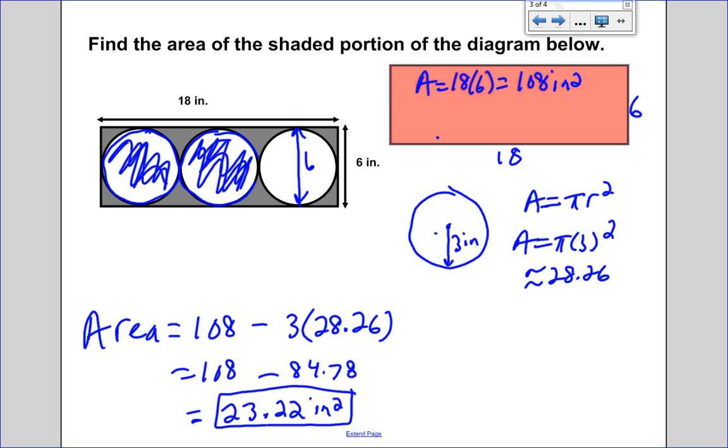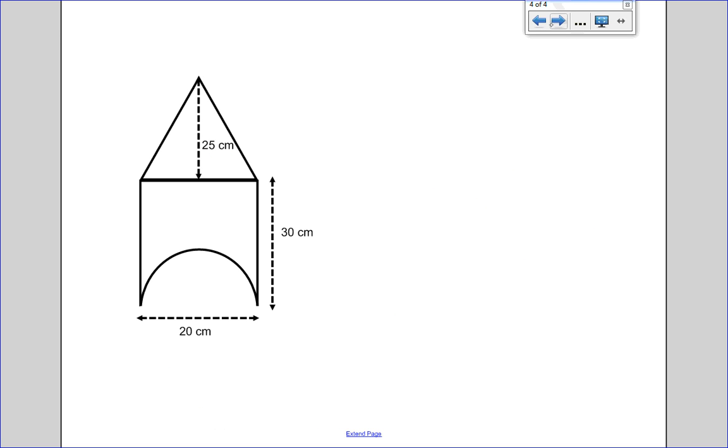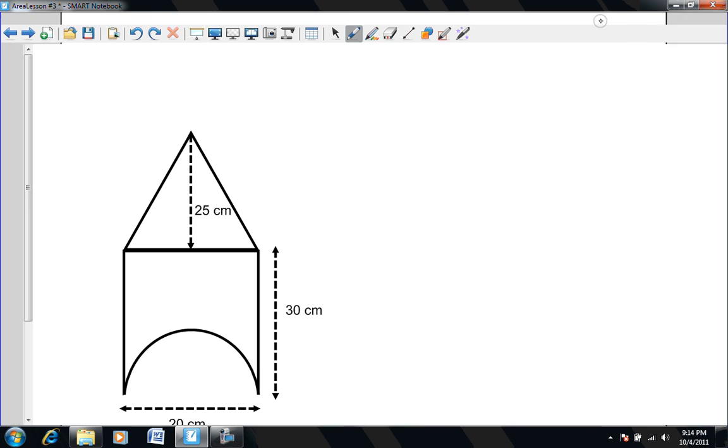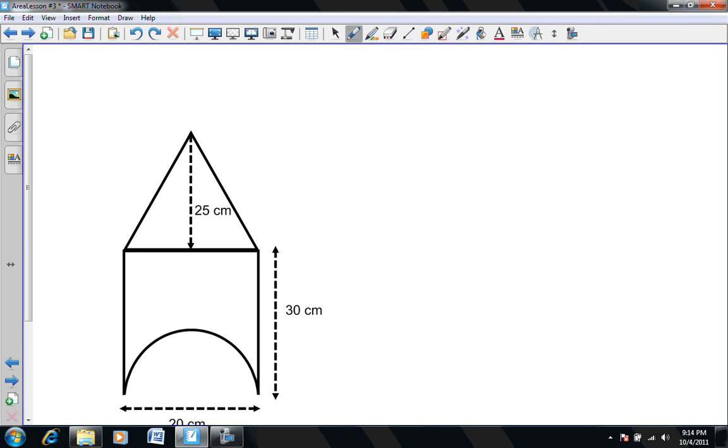All right, I've got one more example that we need to look at, because sometimes you don't use subtraction or addition. Sometimes you have to use both of them. We're going to find the area of this object that you see in front of you right here. It's a strange looking object, but I'm seeing this rectangle right here.